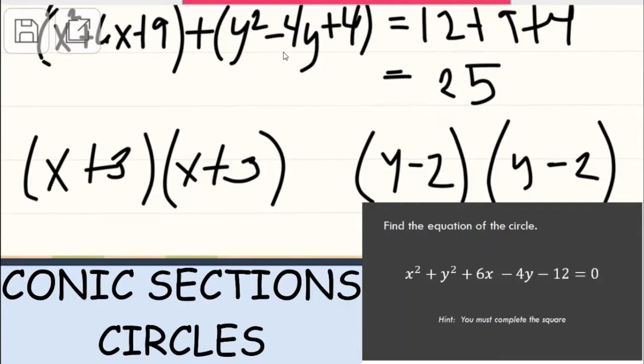Ngayon, since parehas naman sila, pwede natin siyang i-square or i-simplify.